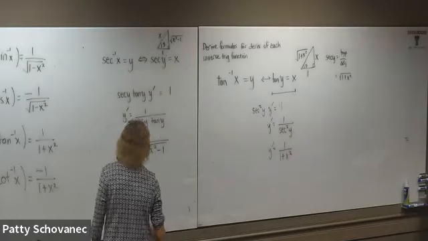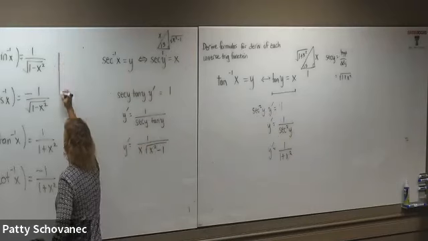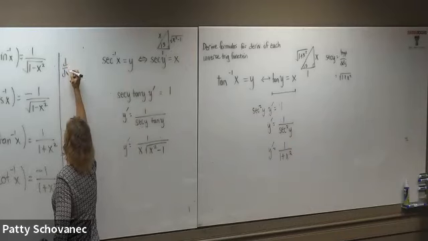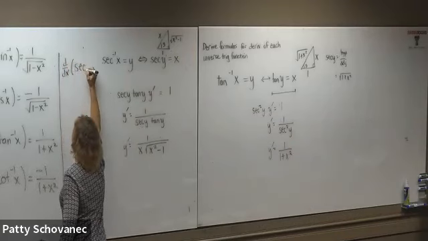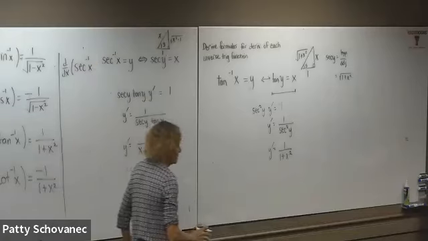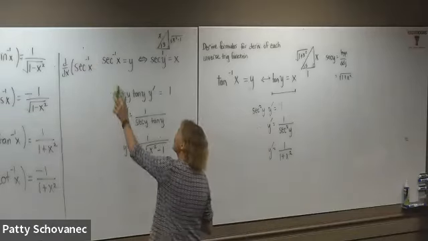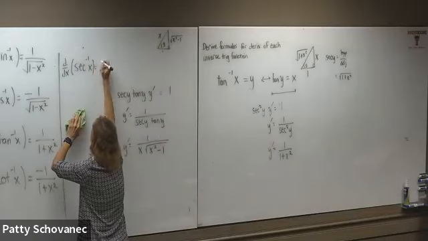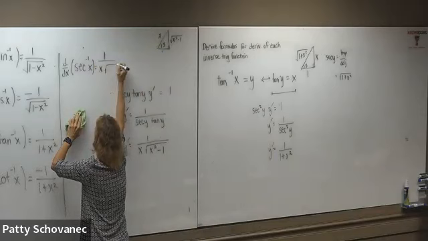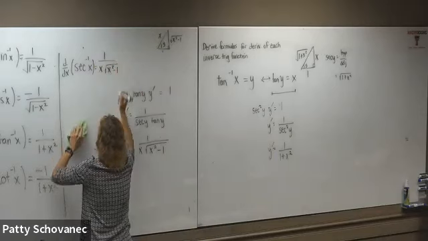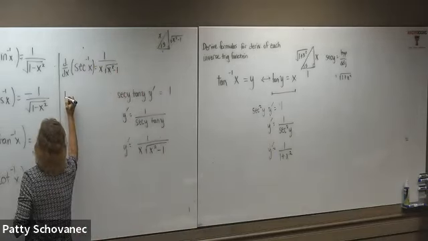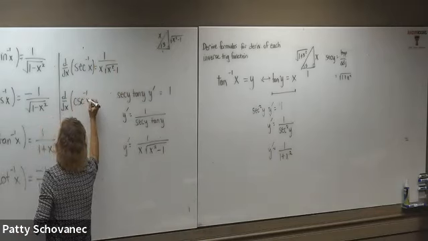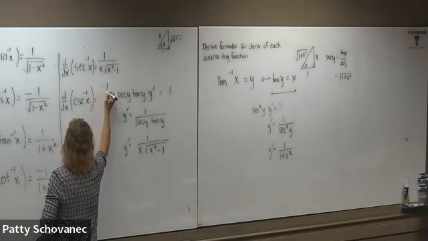So let's see if I can put it on here. The derivative with respect to x of the inverse secant of x is 1 over x times the square root of x squared minus 1. And the derivative with respect to x of the inverse cosecant looks like that, but with a negative 1 on it.